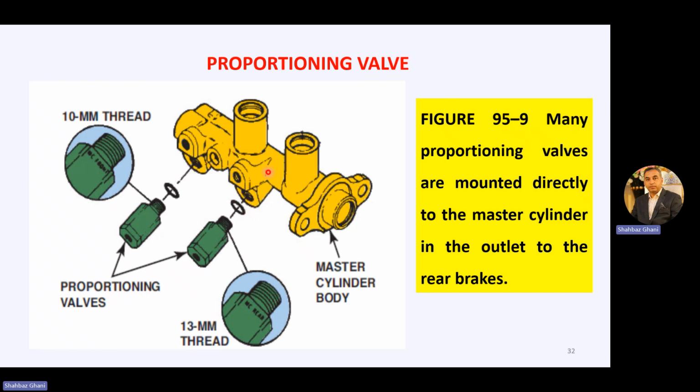Now, this is in the engine compartment, and the distance from this master cylinder body to the front wheel is very less compared to the distance from the master cylinder to the rear wheel. Rear wheels are basically at the end of the passenger compartment, or the rear seat, or near the trunk or the luggage where we place it.